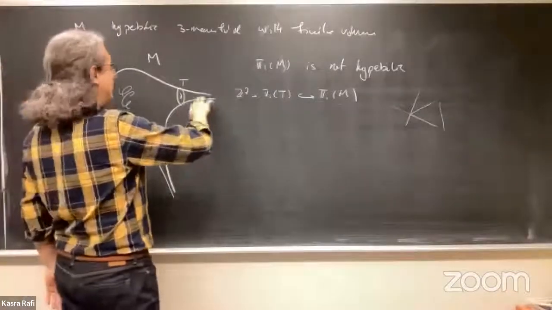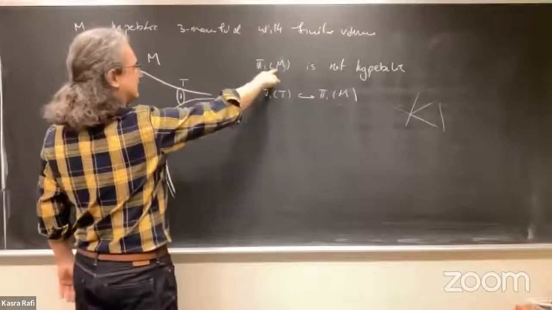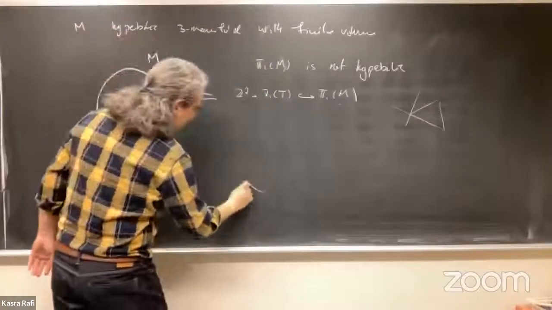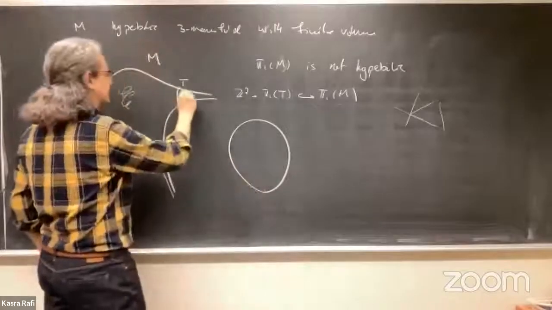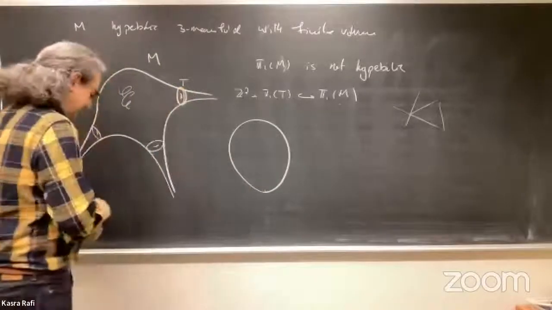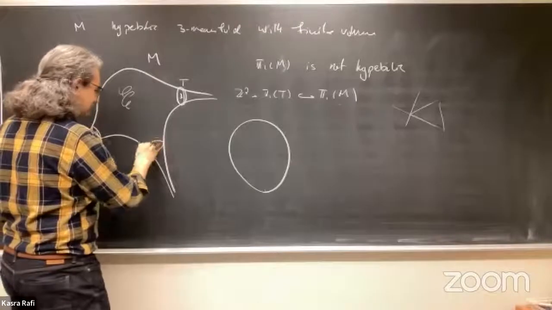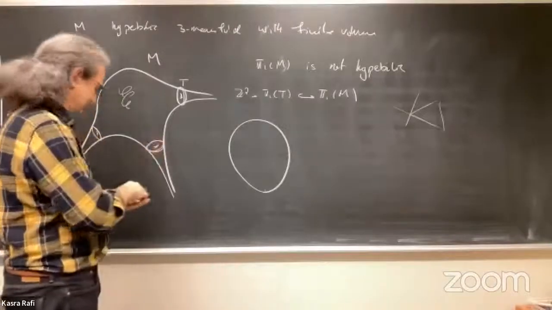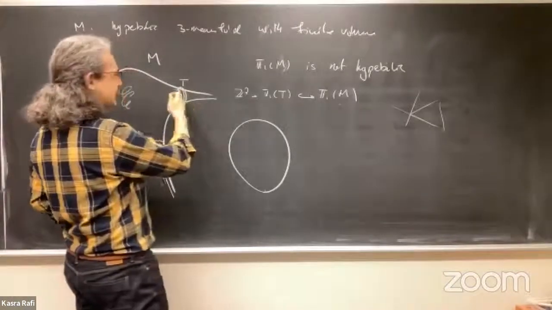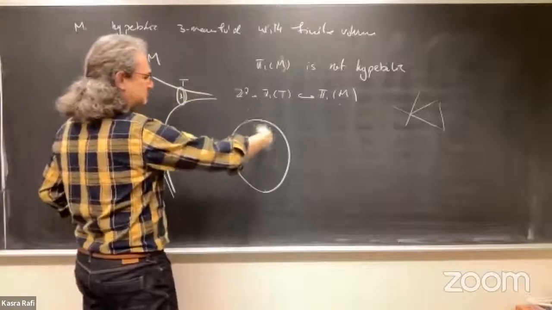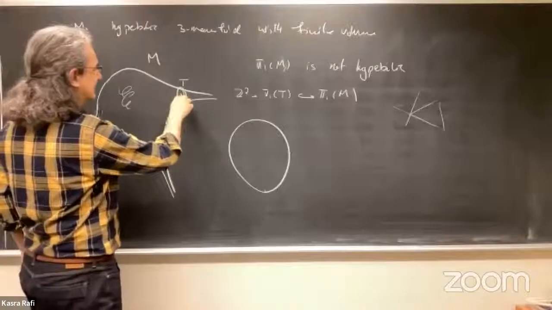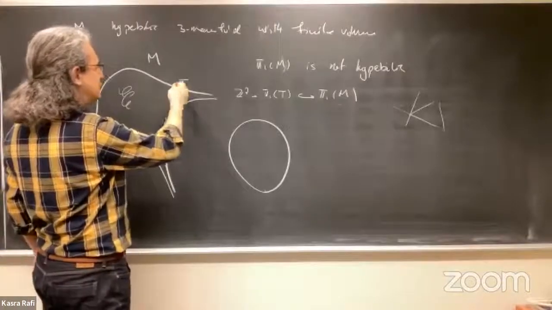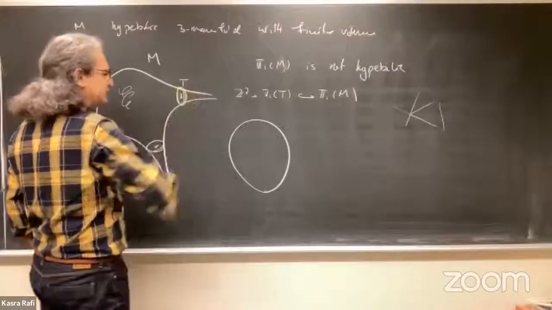So let's look at the universal cover of this, because that's a better model for the group. If I look at the universal cover, maybe I could make this torus green, this torus red, right? This green one lifts to a copy of R^2, but it's distorted, like the boundary of a horoball.